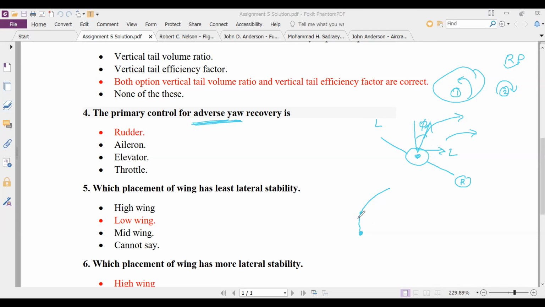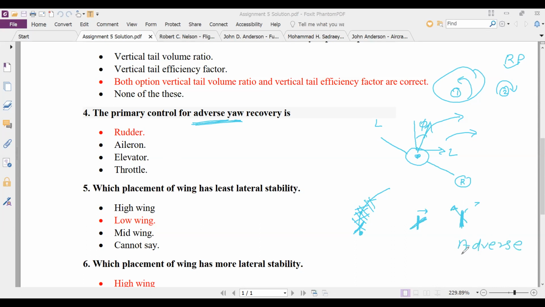If it was a favorable yaw, then let's say this is the aircraft, and it's favoring the turn, it will orient itself like this, right? But what is happening is, if adverse yaw happens, you want to go in that direction, but your nose goes in the other direction. So this is the case of adverse yaw.